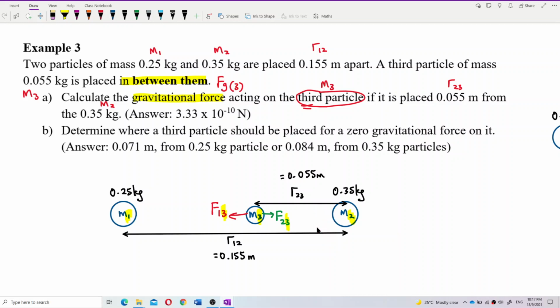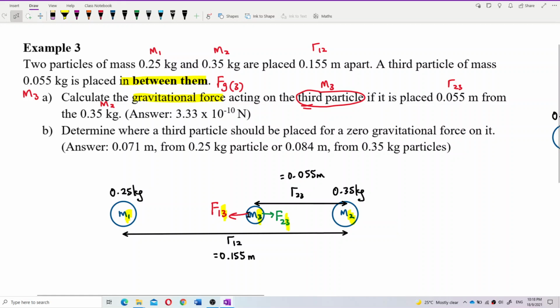We only want the force on third particle only. So you just draw F13 and F23, enough. All the other forces on other particles, don't draw. You just draw the forces on third particle only, which is F13 and F23.